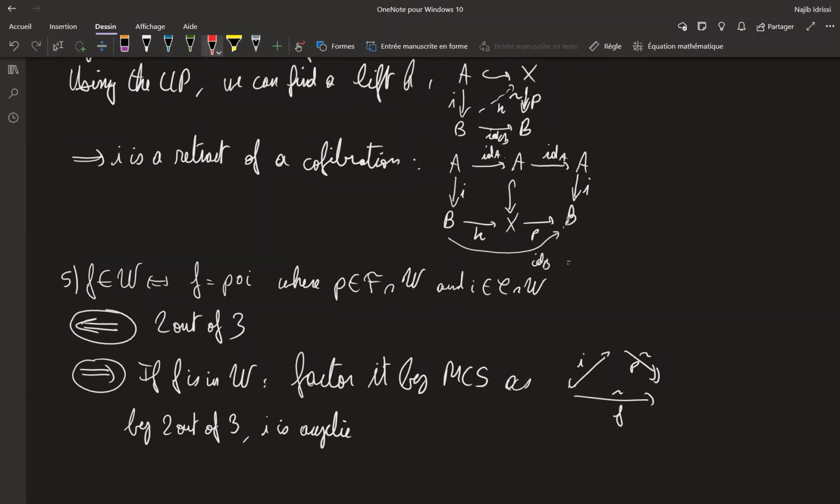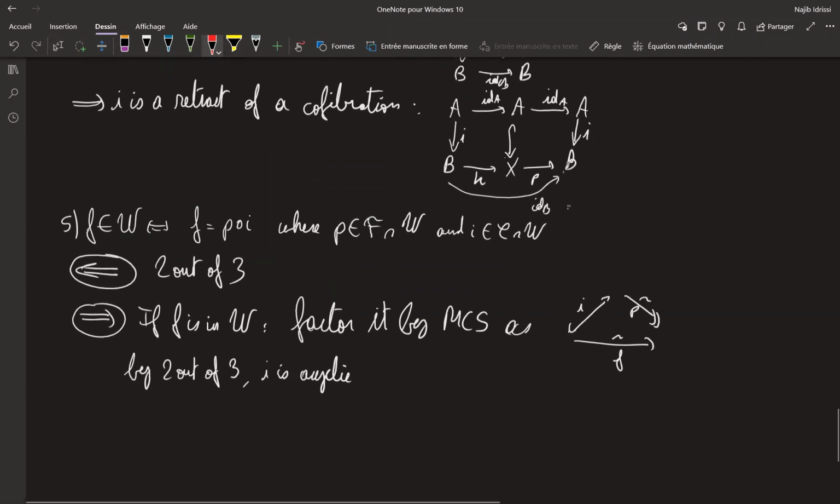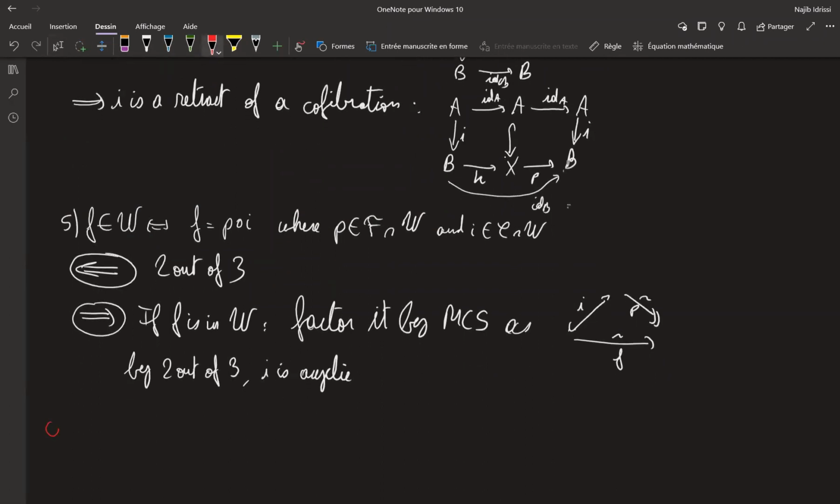So let me write down a corollary, and then I will give examples of model categories, and then we have a little break, right? So the corollary is precisely what I said.